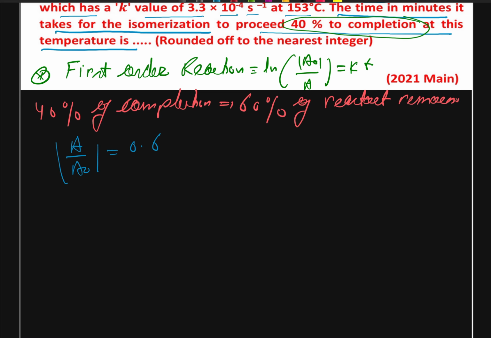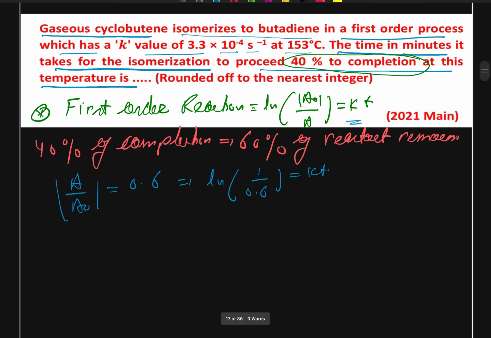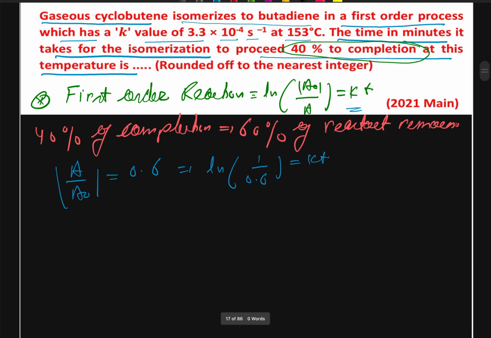So we substitute in the formula. Here we get natural log of 1 by 0.6 equal to Kt. The value of K is given to us. We need to find out the time.